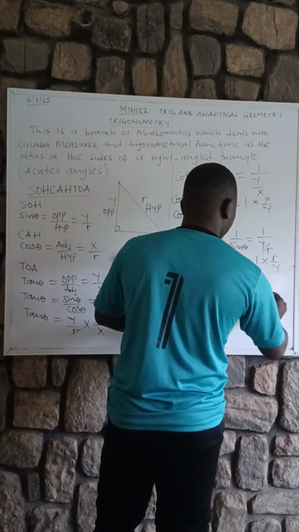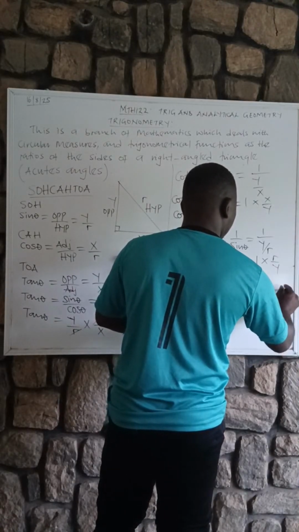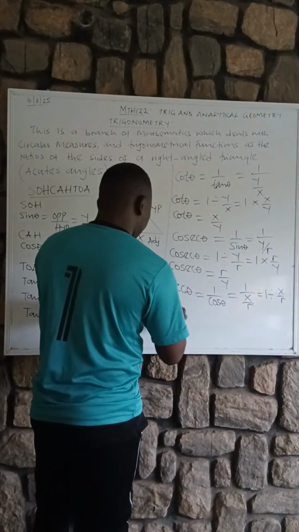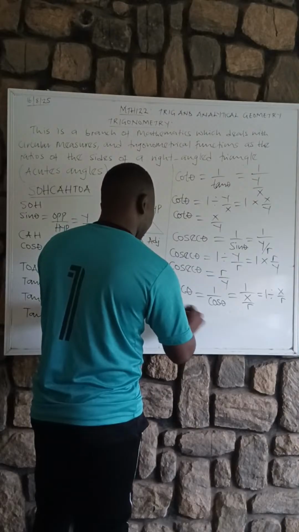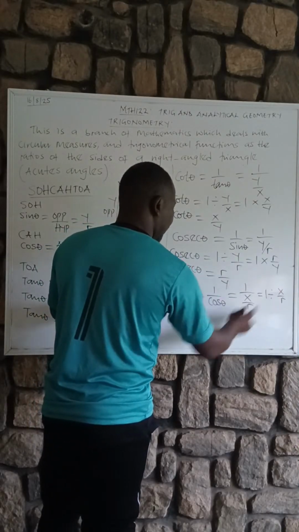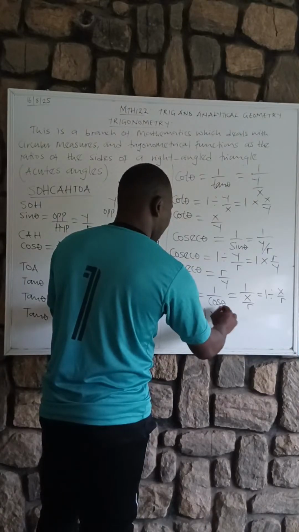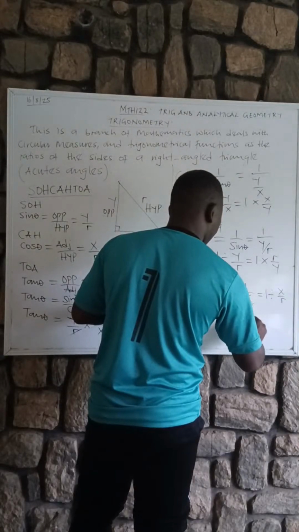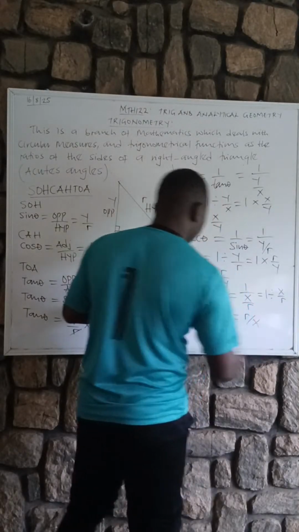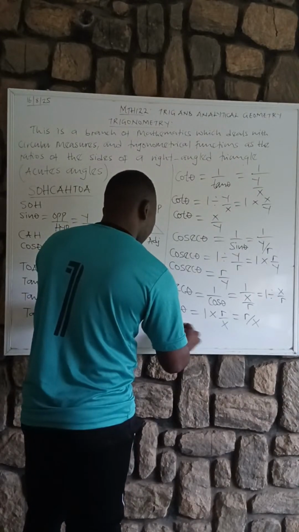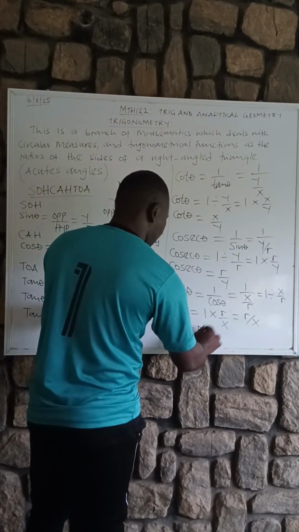Then this is equal to 1 divided by x all over r. Then our sec theta will now be equal to 1, convert this division to multiplication, r all over x. It implies that sec theta is equal to r all over x.